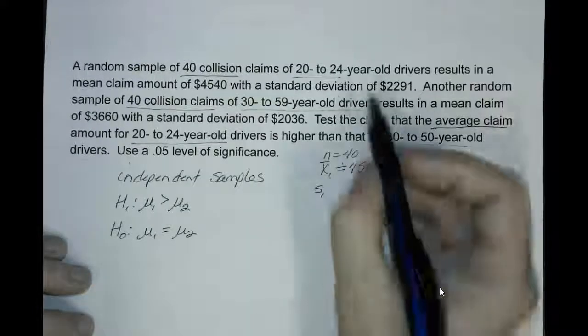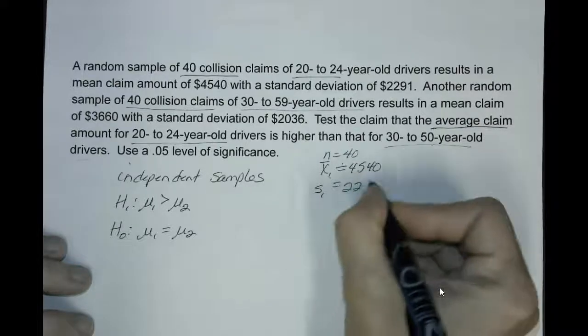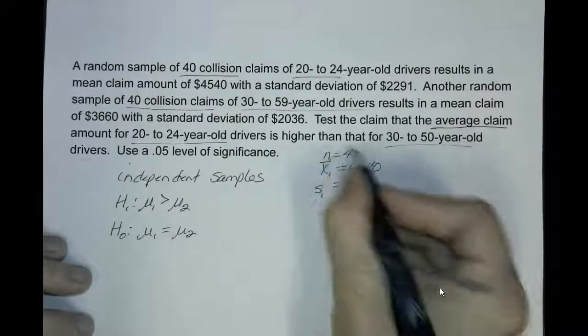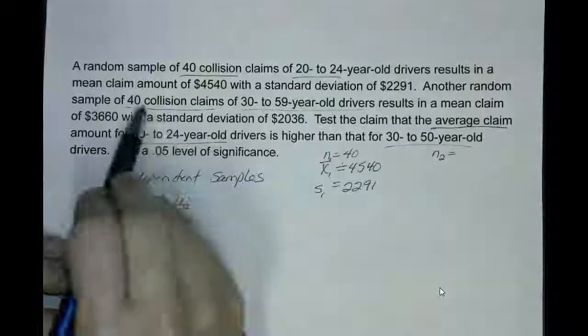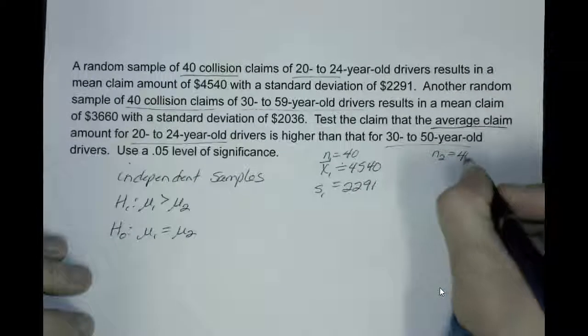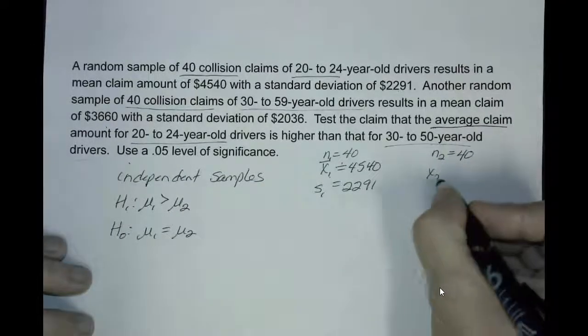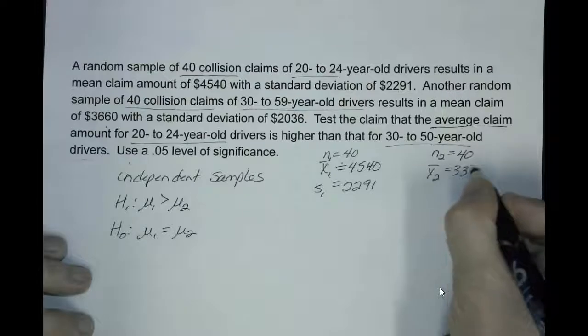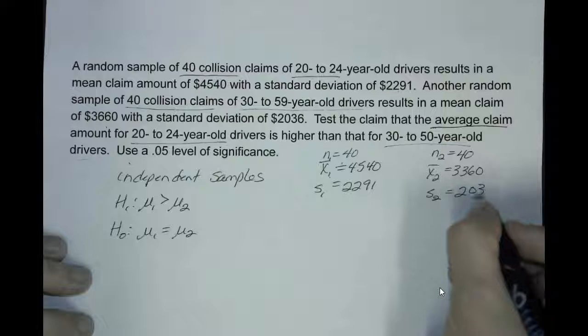The s1 is the sample standard deviation, so that's the 2291. So this is all from your first sample. From your second sample, we also had 40 claims, so that is 40. The mean was 3660, and the standard deviation was 2036.